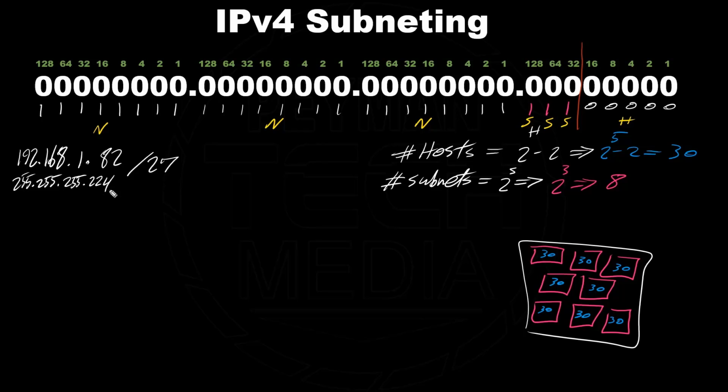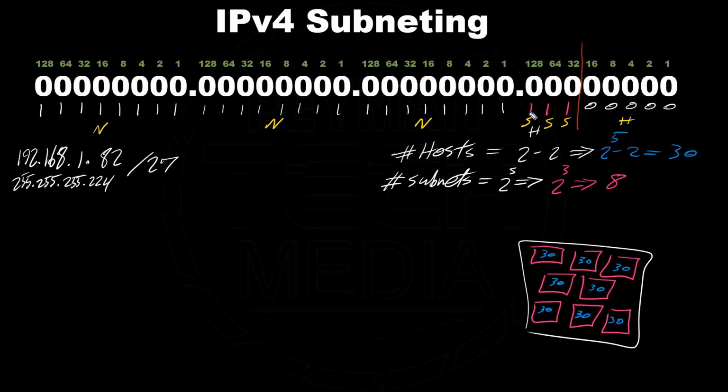That gives us 224. When we convert binary to decimal, we just need to add the decimal values of the bit positions that are turned on. In this case, this one turned on, this one turned on, this one turned on. So 128 plus 64 plus 32 gives us 224.